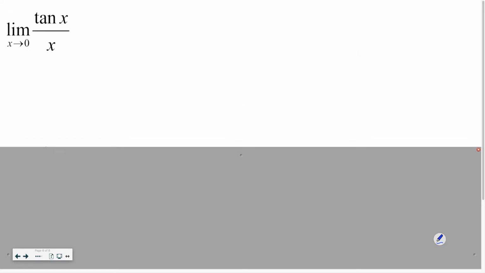The limit as x approaches 0 of tangent x over x. Why are you giving us a tangent? We didn't talk about tangent in our special limits. Just a tricky question for you.